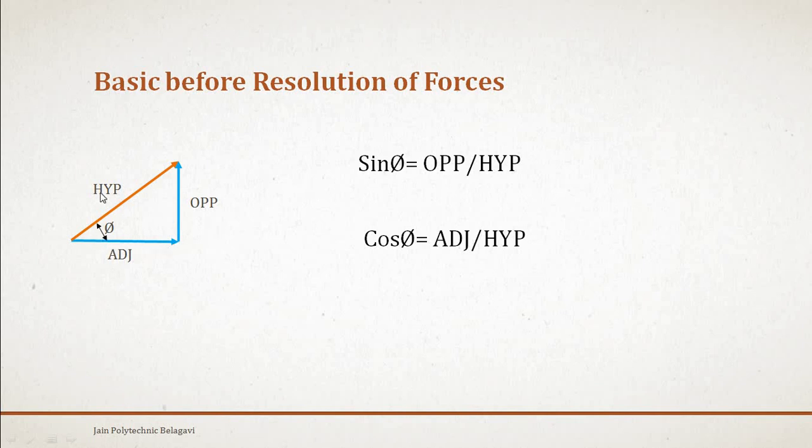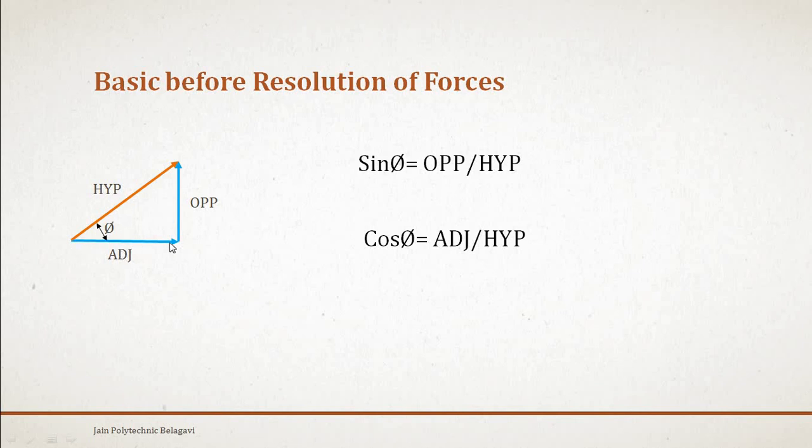First we will understand the basic triangle. This triangle consists of angle theta, and has the adjacent side, opposite side and hypotenuse. The side exactly opposite to theta is the opposite side, and the base is the adjacent side. We know sin theta is nothing but opposite by hypotenuse, and cos theta is nothing but adjacent by hypotenuse.